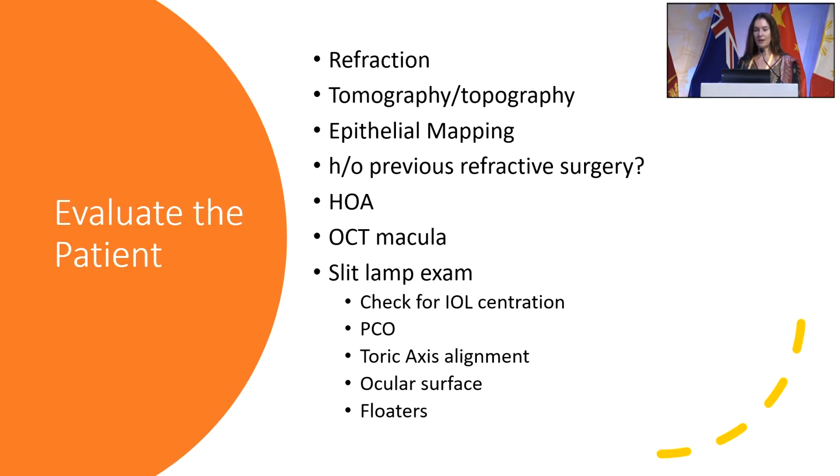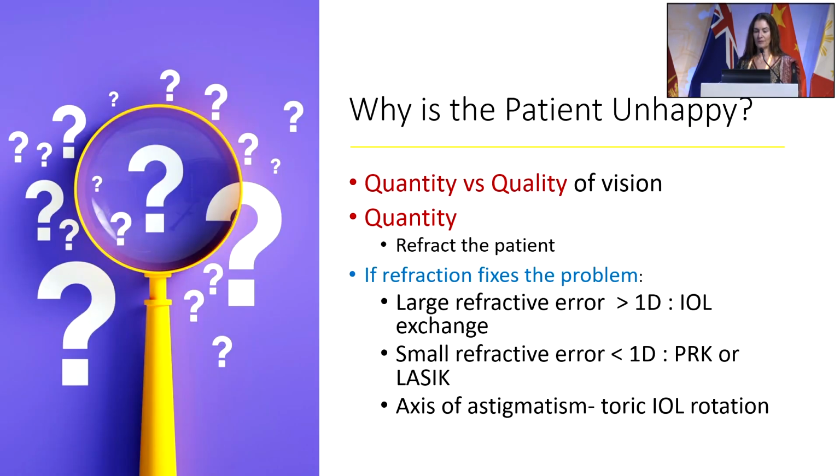Of course, evaluating the patient, we do the usual evaluation, all the diagnostics that we normally do. You want to pay careful attention to higher order aberrations and also do a very, very careful slit lamp exam, and a very, very careful refraction. Why is the patient unhappy?